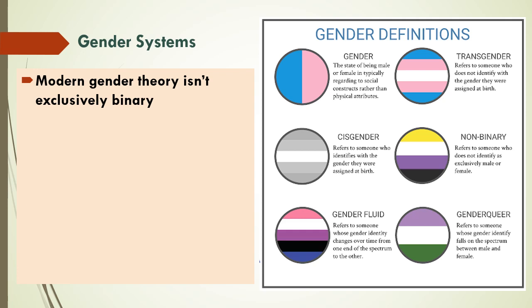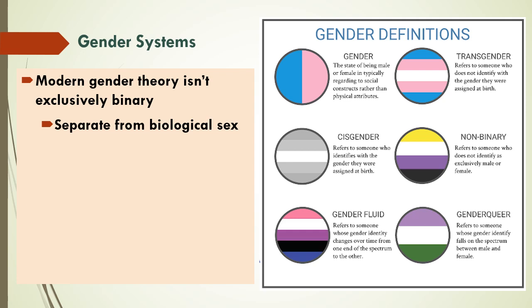And genderqueer is someone who says that their identity falls on the spectrum between male and female. There's even another category we could throw up here, and that category would be agender, in which someone feels like they don't have a gender at all. Since gender is a cultural construct, all of these identities are possible in societies that recognize them.